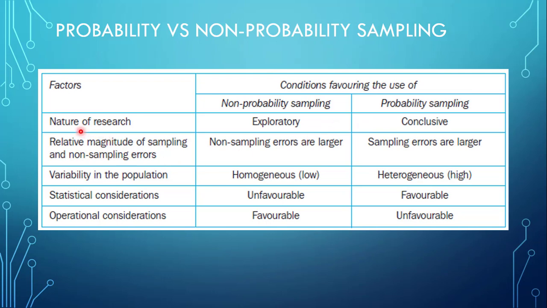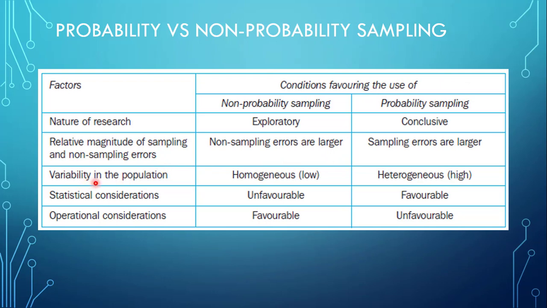Relative magnitude of sampling and non-sampling error: again, we have discussed what sampling and non-sampling error are in that previous video, so you can refer to that. In terms of magnitude, if non-sampling errors are large, then you can use non-probability sampling. But if the sampling errors are large, then you are going to use probability sampling.